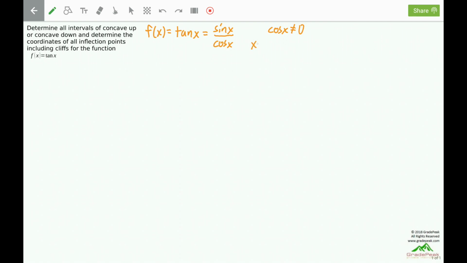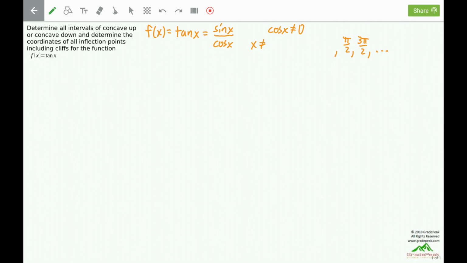And that means x cannot be any values that make cosine be a 0. On the unit circle, this occurs at pi over 2 and again at 3 pi over 2. That's between 0 and 2 pi, but it continues beyond there, so there's an infinite number of positive x values it cannot be.